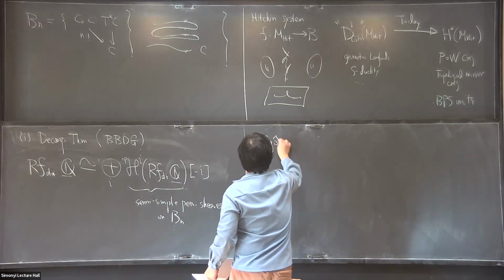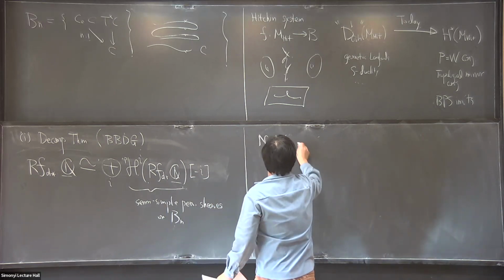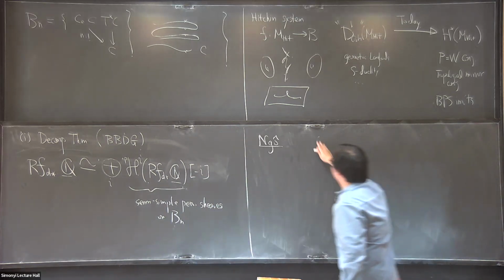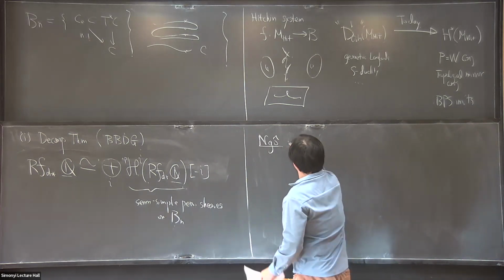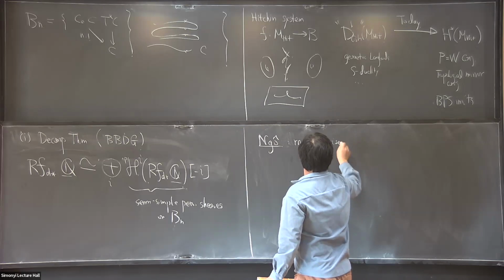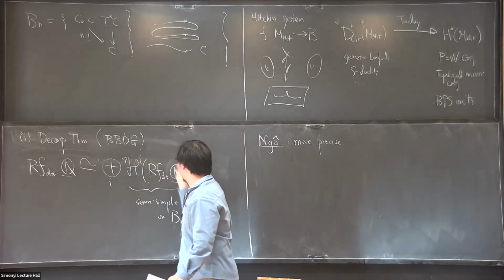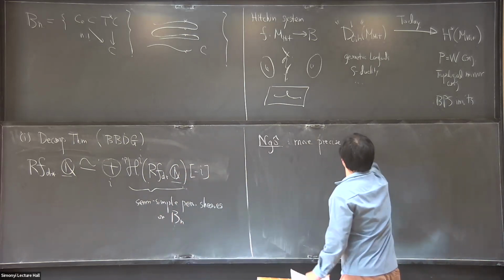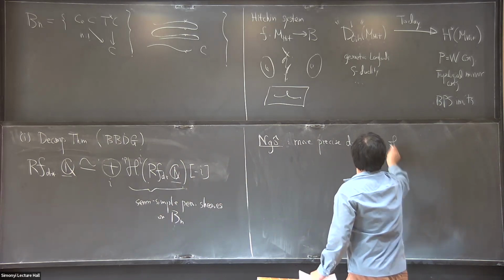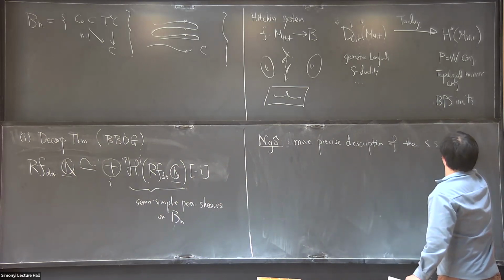This was initiated by Ngo around 25 years ago, where he gave a more precise description: not only can you split things into semi-simple objects, but there is a more precise description of these building blocks, the semi-simple perverse sheaves that showed up.